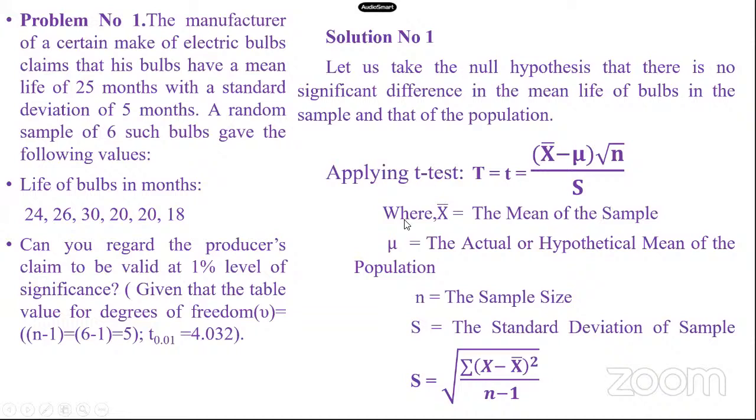So one by one, where x bar is the mean of the sample, mu is the actual or hypothetical mean of the population. की जे कंपनीने दावा केला ना आमचा बल्ब हा 25 महिने साधारणतः चालेल, that is the hypothetical or population mean. Then n the size of sample means किती सॅम्पल आहे आपल्या बल्ब, किती बल्ब निवडले आपण 6 बल्ब निवडले 6, त्यामुळे सॅम्पल साइज is 6.